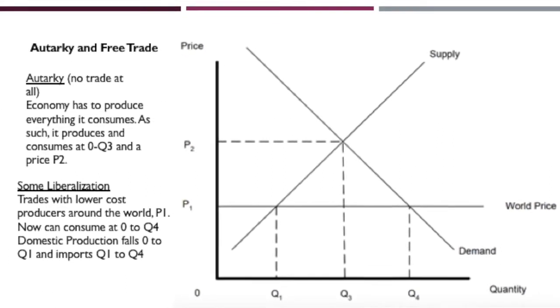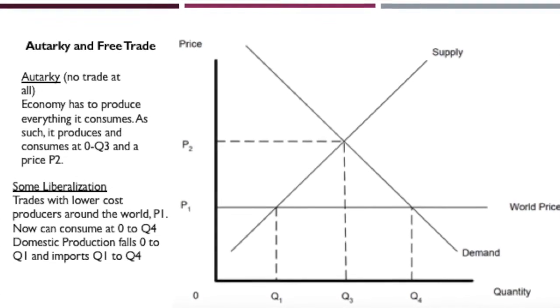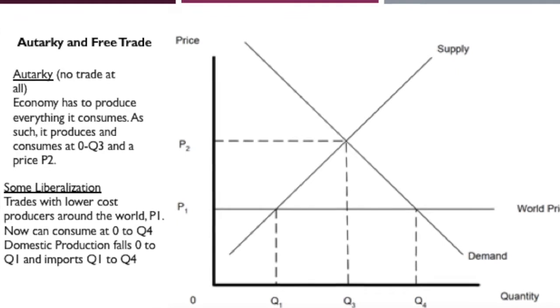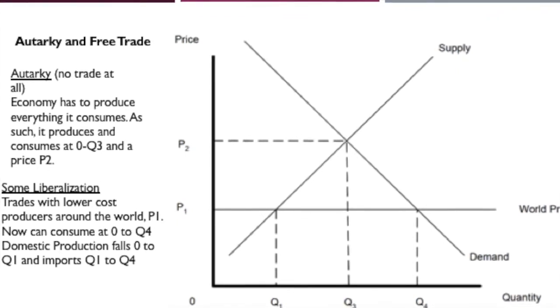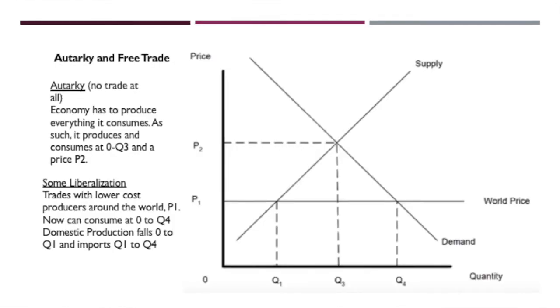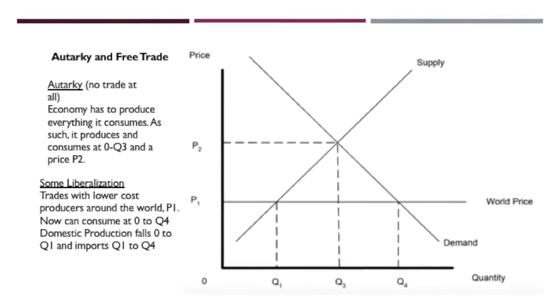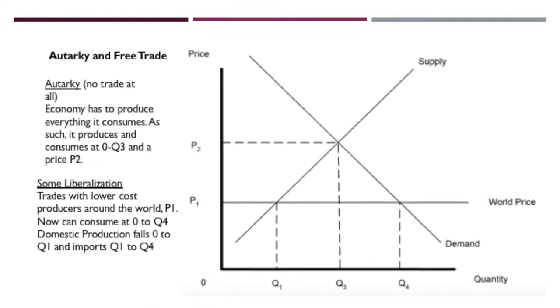When we were under autarky, producing at Q3 at price P2, we had an employment base that produced stuff out from 0 to Q3 along that lower axis, okay? But look what happens when we move to open trade. Our production levels now shift back. We lose production.